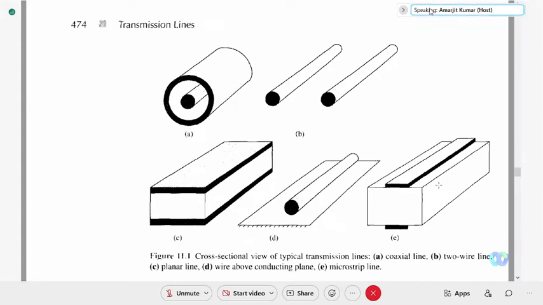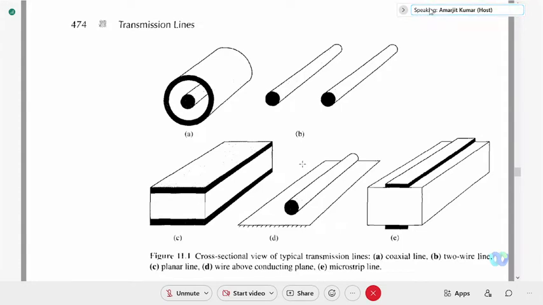Like to make a branch line coupler, a Wilkinson power divider, a band pass filter which can work at microwave frequency, an attenuator, a circulator in planar form, and a low noise amplifier which will work at microwave frequency.